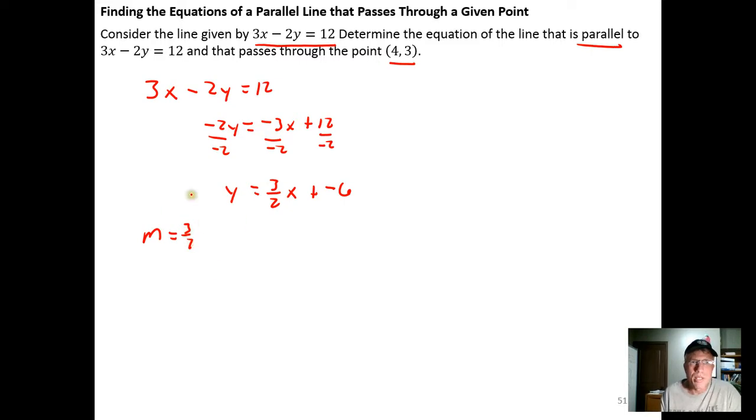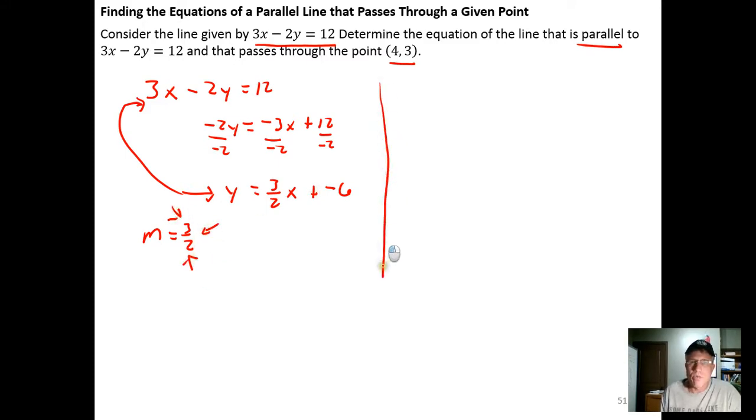I want to be parallel to this line, which is the same as this line because I've just done an algebraic manipulation. I've taken the line in standard form and manipulated it into slope-intercept form. So every line that exists that is parallel to this line must have this slope.